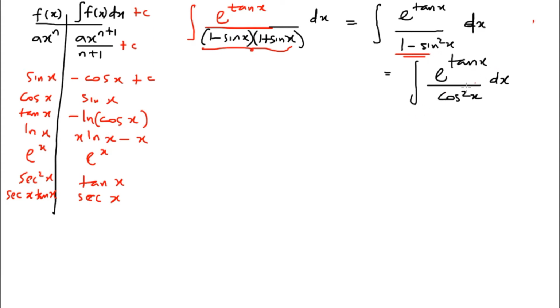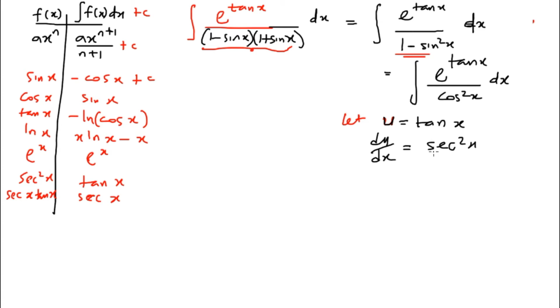I know exponential tan x is more complex than cos squared x, so by substitution, let u be equal to tan x, because if I differentiate u, du dx will be equal to sec squared x. Inside sec squared x there is cos squared x, so it will help me. Substitution is like simplifying the integral so that you have a simple function to integrate.